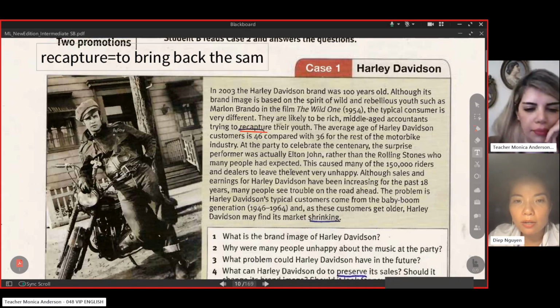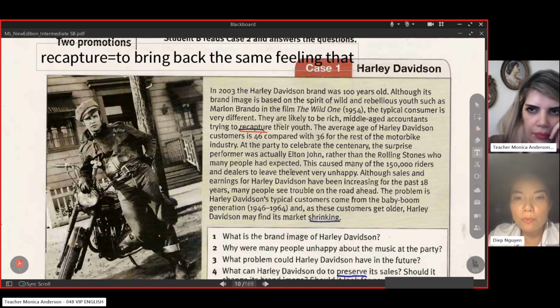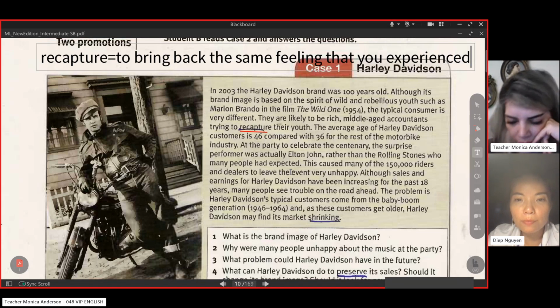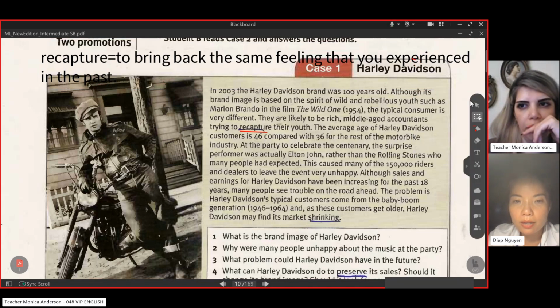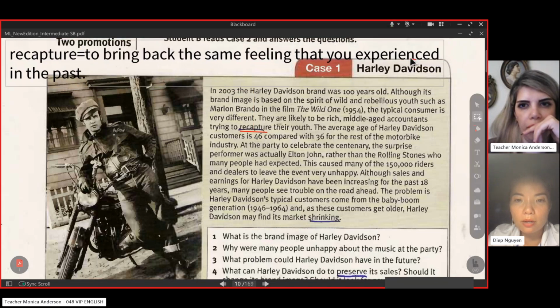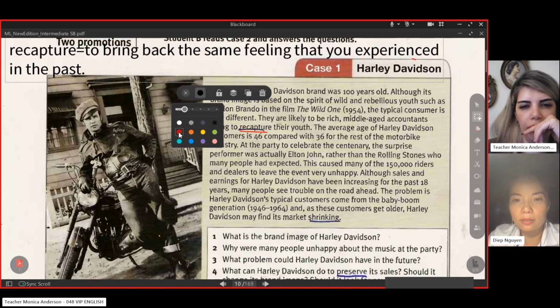Although sales and earnings for Harley-Davidson have been increasing for the past 18 years, many people see trouble on the road ahead. The problem is that Harley-Davidson's typical customers come from the baby boom generation, from 1946 to 1964, and as the customers get older, Harley-Davidson may find its market shrinking.